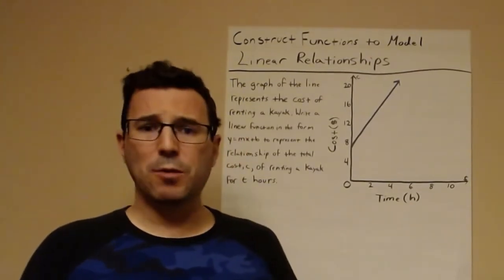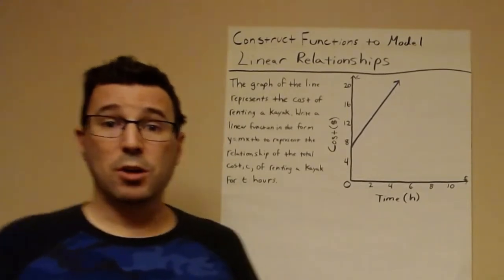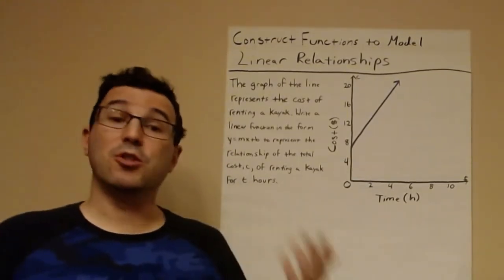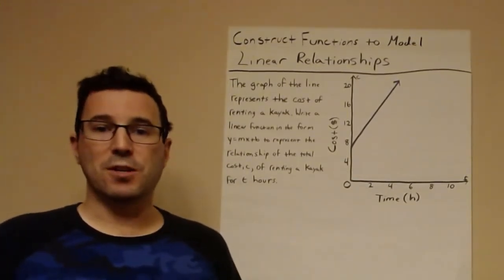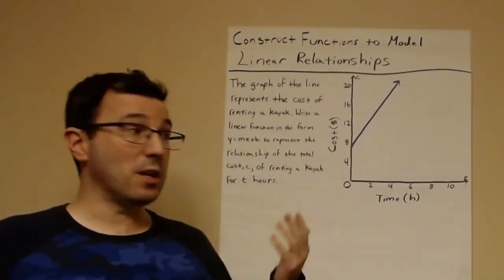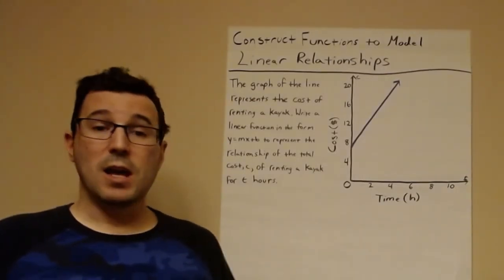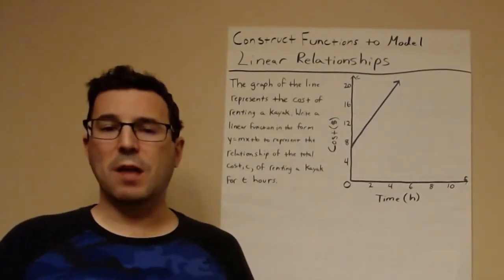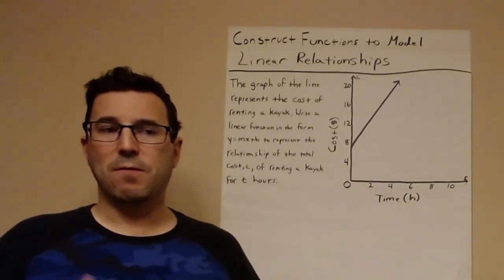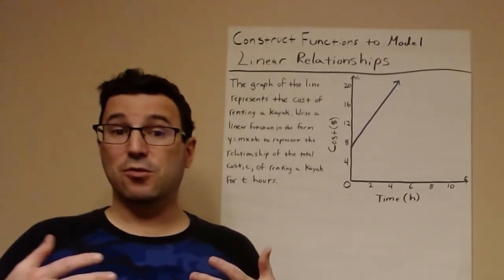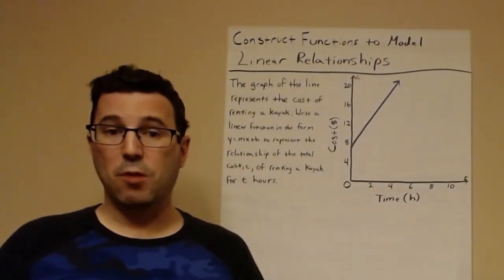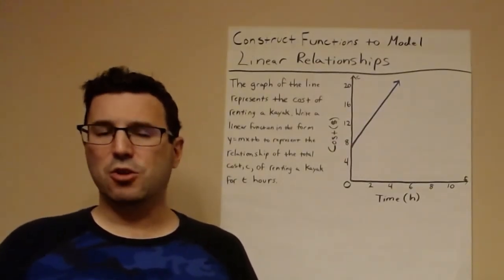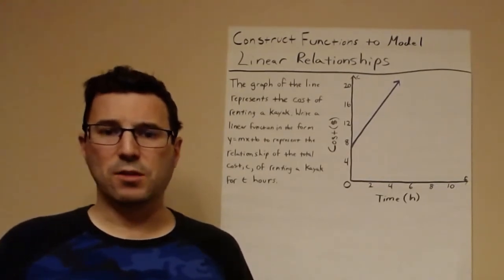Basically we're going to look at two things. We're going to look at constructing a function when we are given a graph, and then when we are given 2 points. And really what I mean is we're given values. We can either be given 2 points directly in the problem, or they can give us a situation where we have to pull points from.